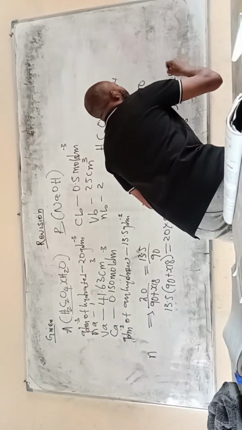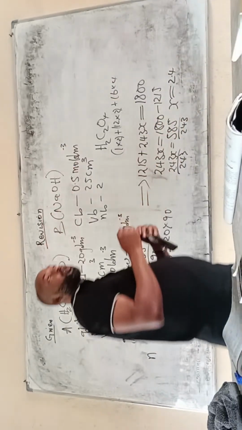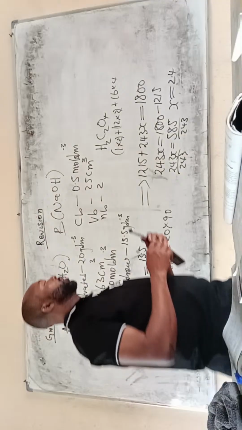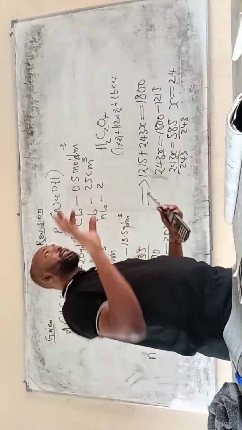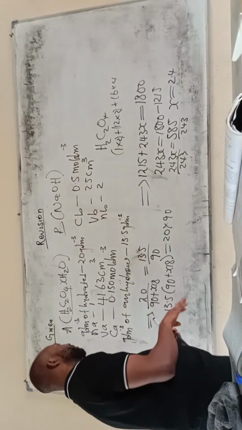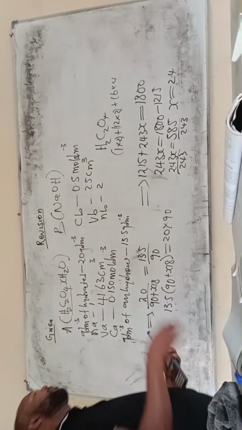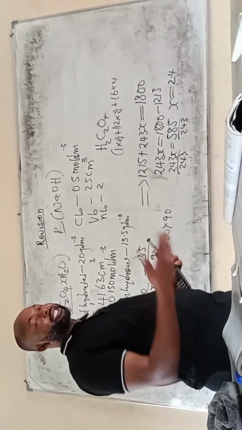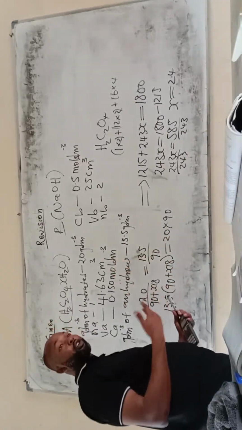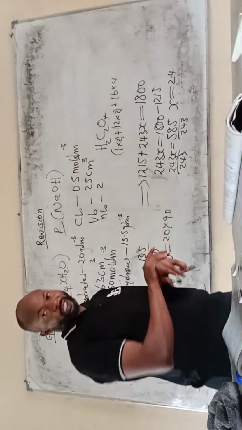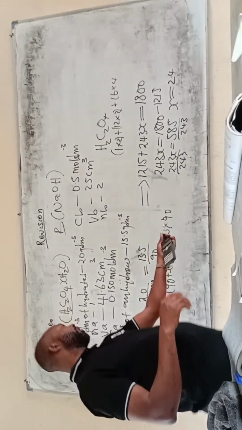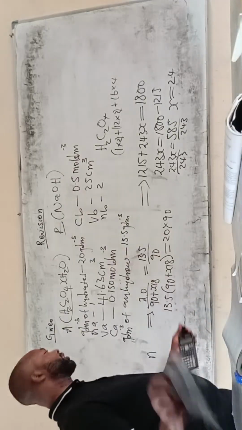So the number of moles of water is 2.4. So we've gotten our x. Now, if that is true, the next thing is to calculate the percentage of water. I want to know the percentage of water that was in the sample. So let's take this out so that we can do that.